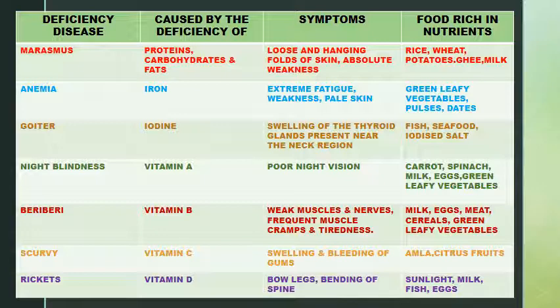It is caused by the deficiency of iodine mineral. In goiter, the thyroid gland in the neck region swells. Goiter can be prevented by using iodized salt. Even the seafood is also rich in iodine.